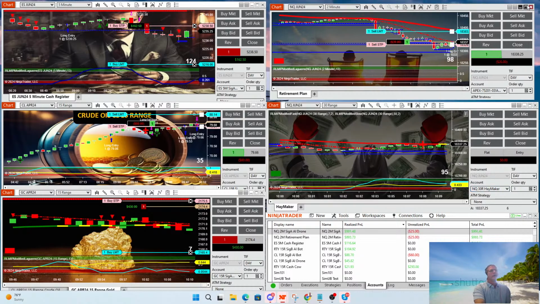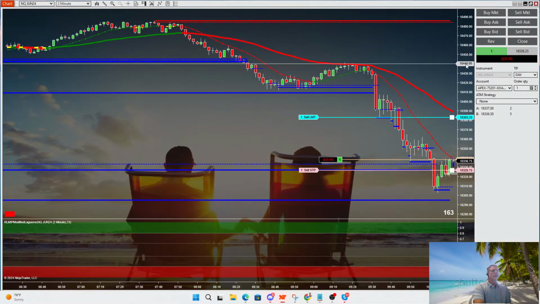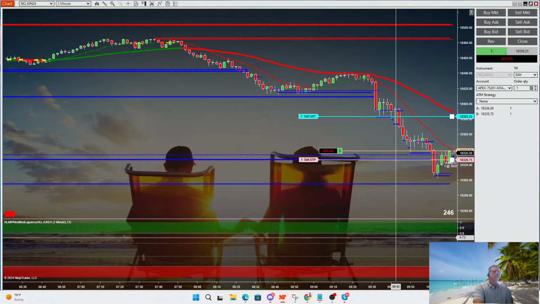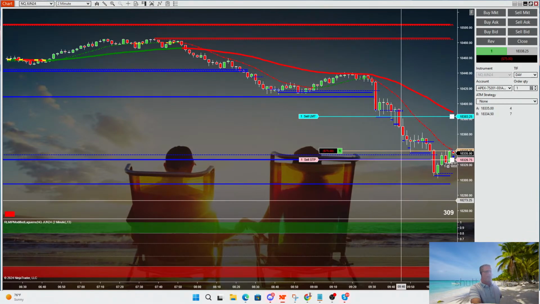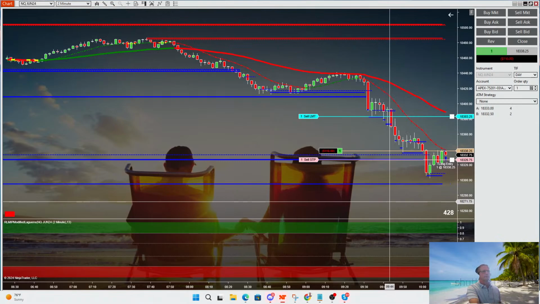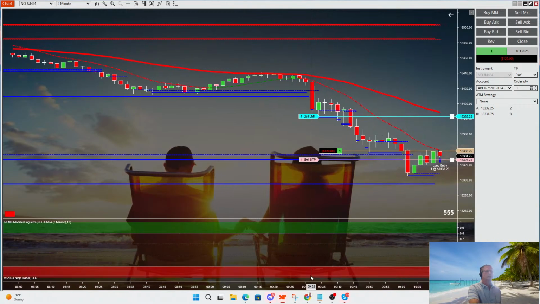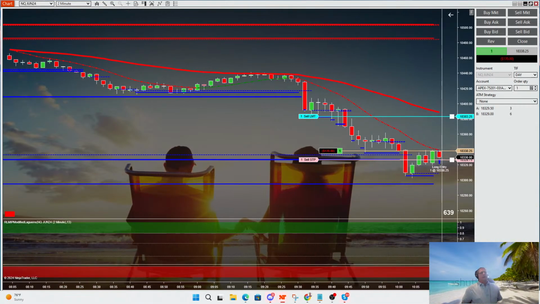Oh, look what happened. Look what happened. It finally got into that long move, that bounce, and it's coming right back down. We need this to drift back up to the 50.